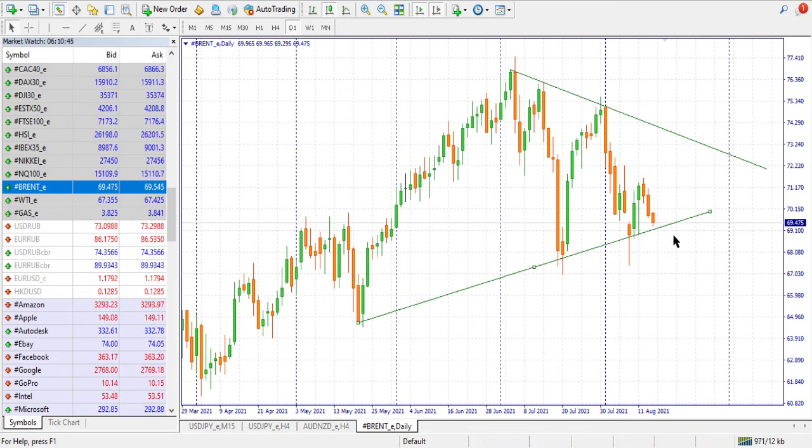We have a support. If the price bounces off from this trend line, the lower one, then this should be the correct place to look for a buy from. So this will act as a good place to buy from, at least up to the level which you have at the very top. And in case the price breaks below this point, we want to see a pullback before the price can continue down up to this point here. So the next level which you have is 64.683.